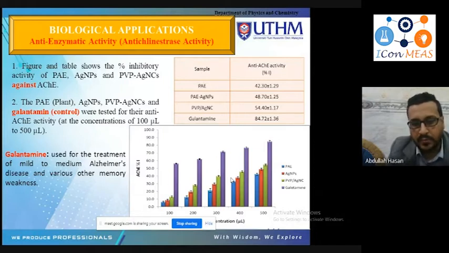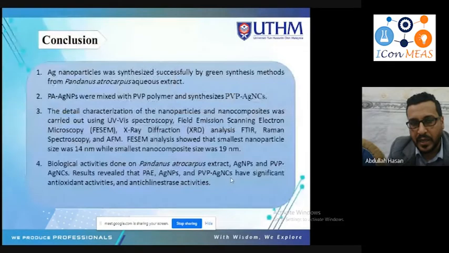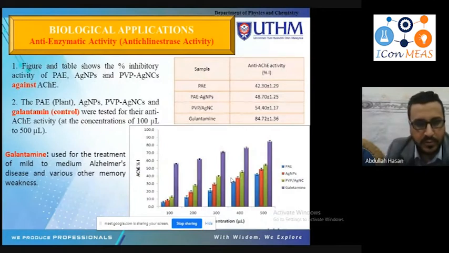From this, we get it at 500, because galantamine, our control, is near to it, so we can say we already got a good result for 500. Maybe in the future we can use it in vivo.